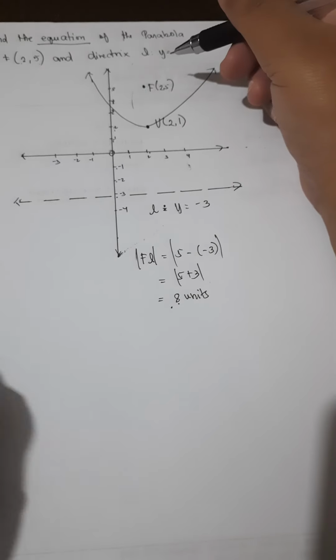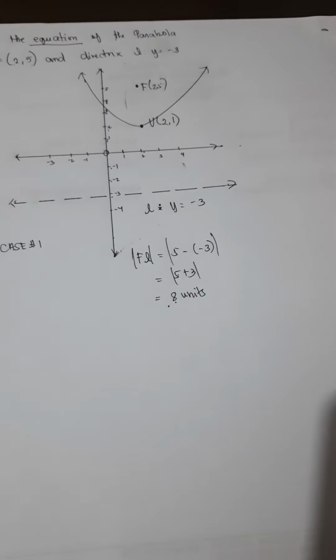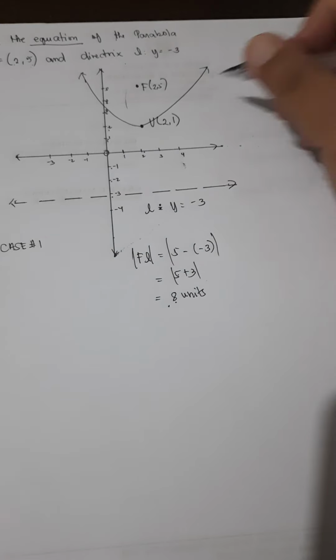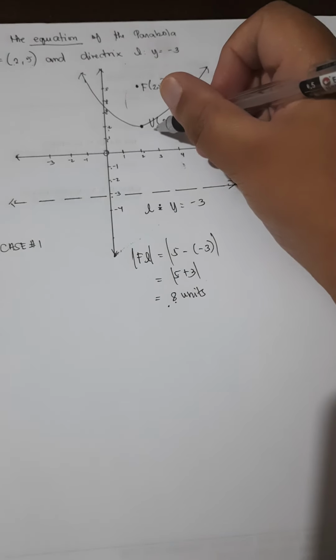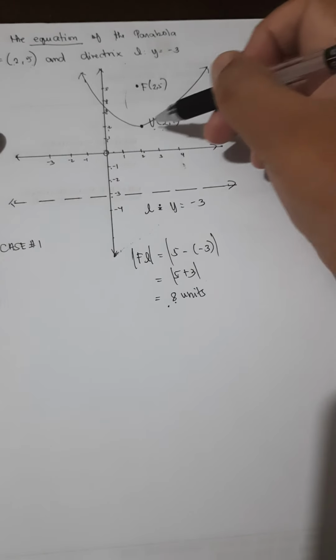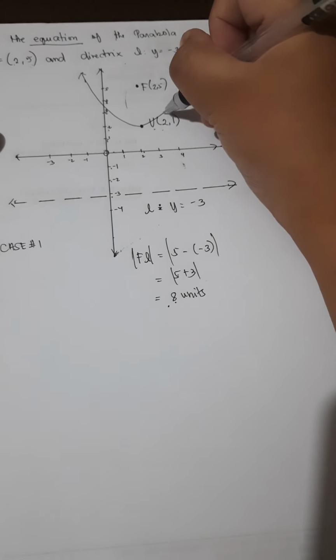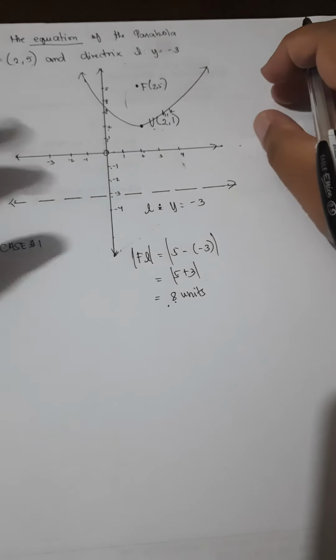Now, with this, you can now determine what case is this. So, this belongs to case number 1 because it opens upward. Now, notice with your vertex, hindi siya nakalagay sa point of origin. Somewhere else. Sa malayo siya, di ba? So, that is your h and your k value.